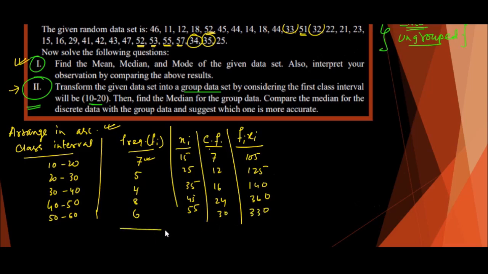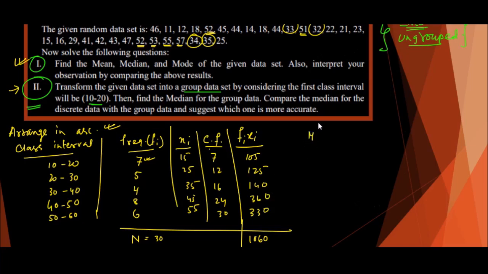Now calculate the capital N value, summation of all the fi values, you will find 30 as the capital N value, and the summation of fi xi you will get 1060.